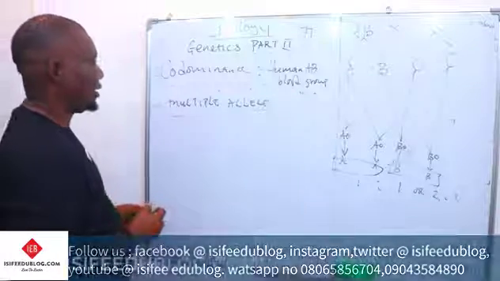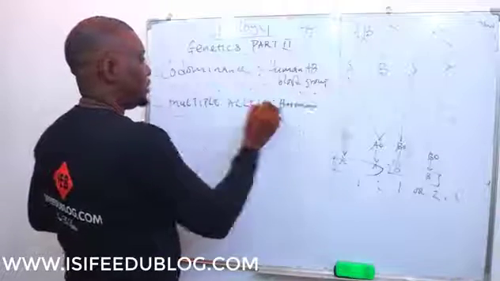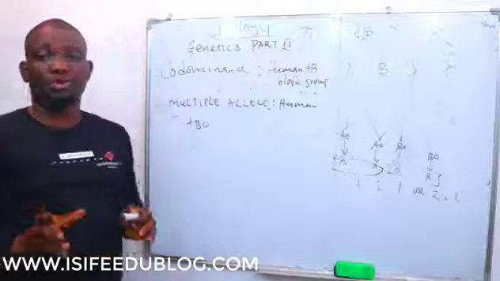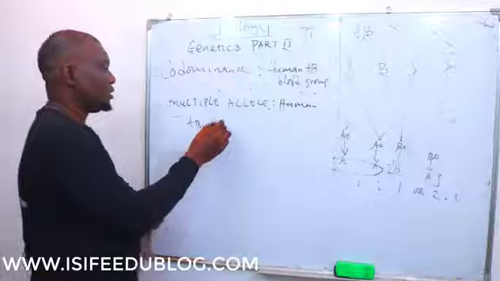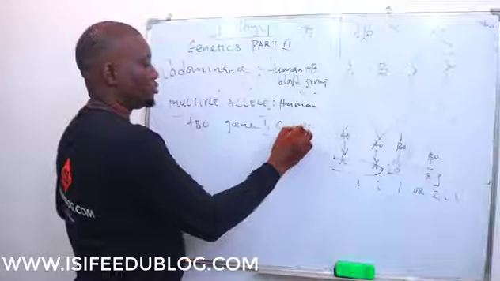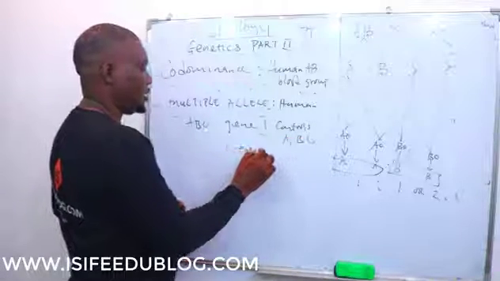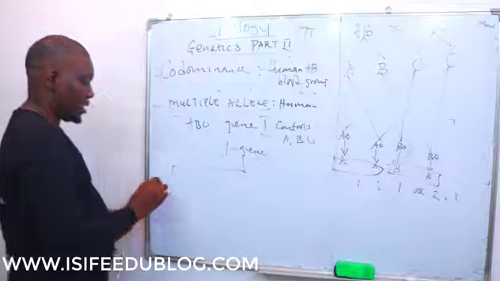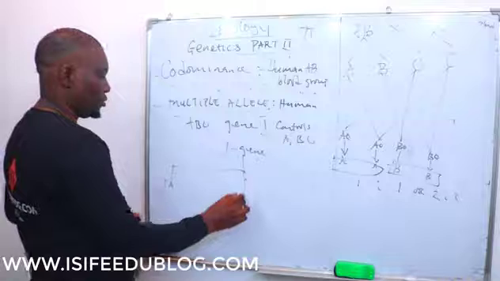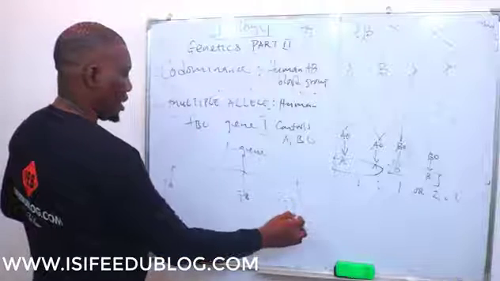An example of multiple allele is also seen in human. Here, the human ABO has been used to describe multiple allele, where gene I controls A, B, and O. This I gene can control IA, it can control IB, it can control IO.